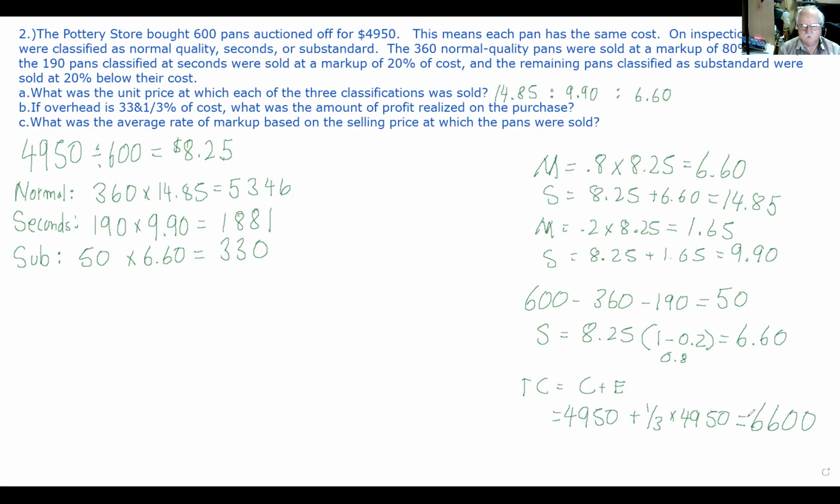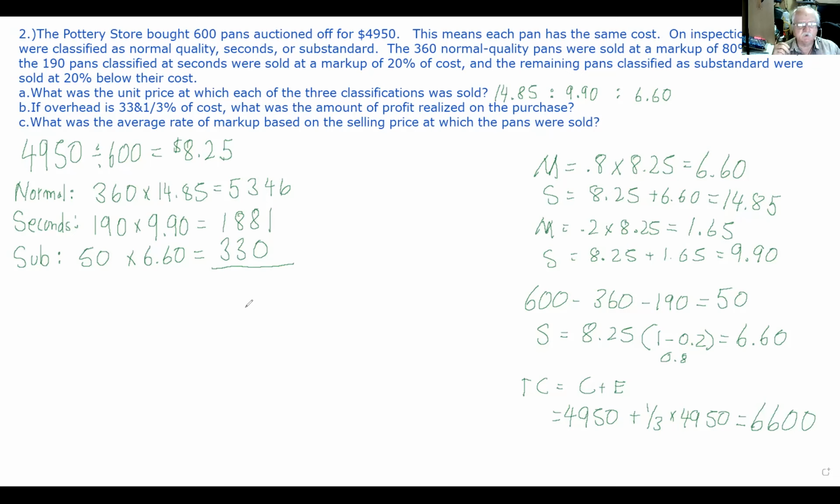So we know their cost and we don't know their revenue yet, but we can add up these revenues. Yes, 33 1/3%. That's one of those supposedly commonly known fractional equivalents, and we can just replace it with 1/3.